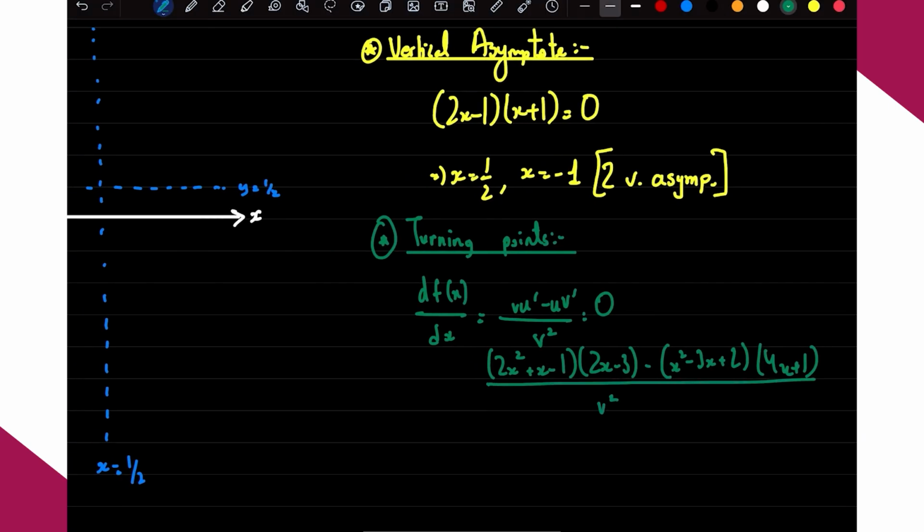We don't need the denominator because ultimately we're setting it to 0. So we're going to be having a cubic equation for this ultimate value.